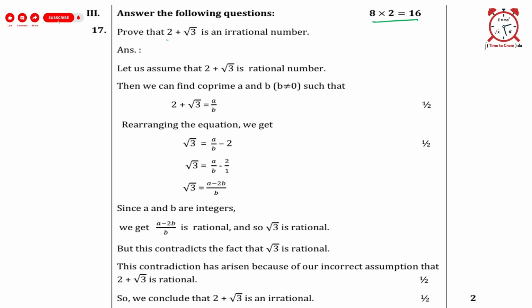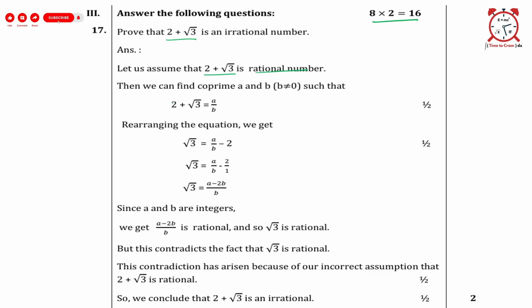Prove that 2 plus root 3 is an irrational number. So we know which procedure we have to use. To prove this, we will use the contradiction method. We will assume that 2 plus root 3 is a rational number.